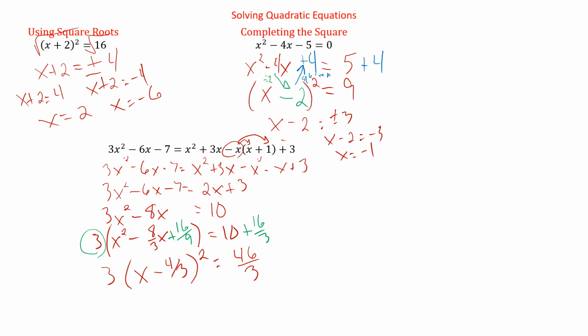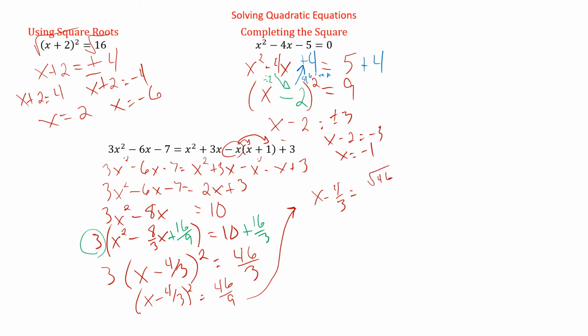Now we can continue solving. We almost have something squared equals a number. Now we could divide by that 3 to get x minus 4/3 squared equals 46/9. Square root both sides. We get x minus 4/3 equals, what's the square root of 46?